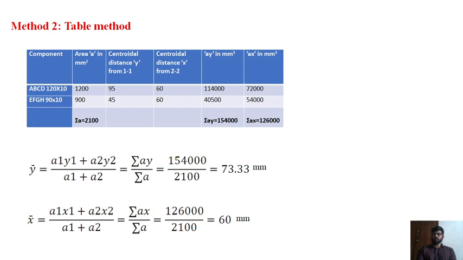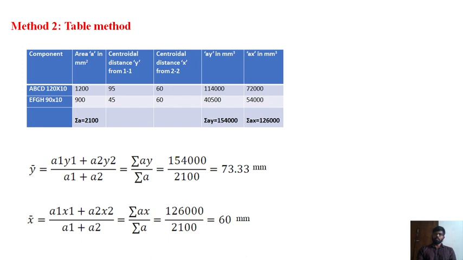Now multiply area into y values. A1 Y1 is 1,14,000, then A2 Y2 is 40,500. Then multiply area with centroid distance x: A1 X1 is equal to 72,000, A2 X2 is 54,000.